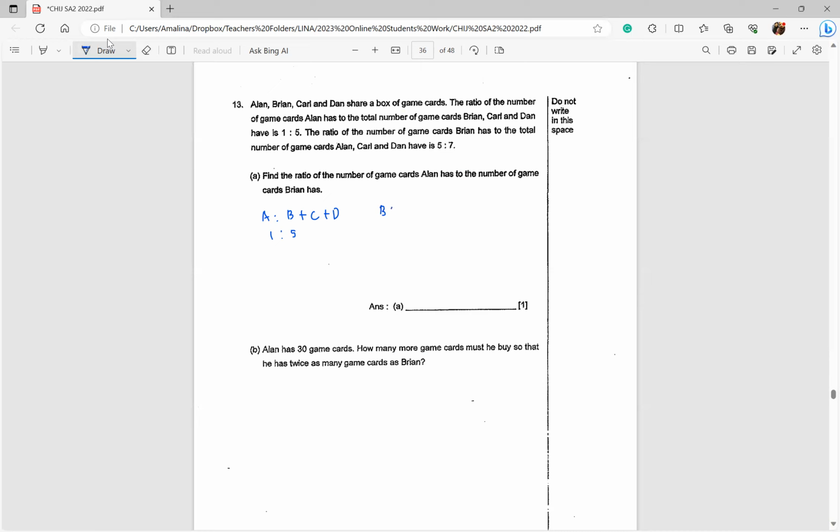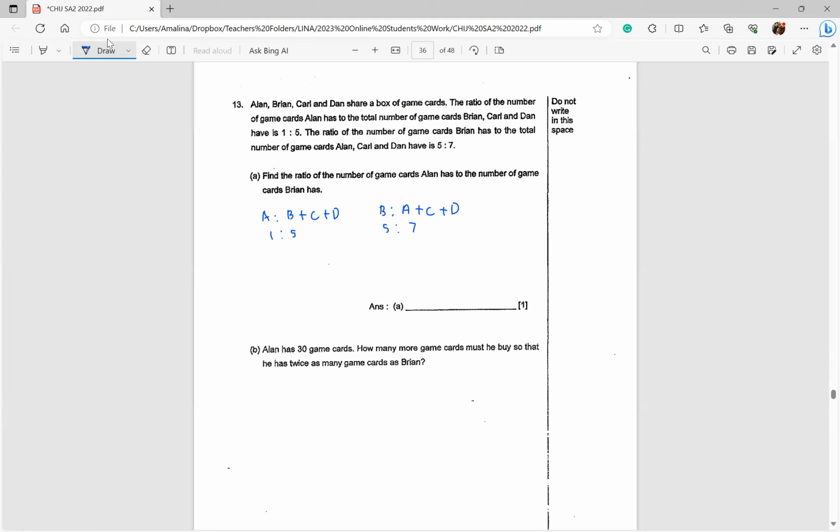So Brian to my Alan plus Carl plus Dan. This is my 5:7. So that's the next ratio given. Okay, so find the ratio of the number of game cards Alan has to the number of game cards that Brian has.